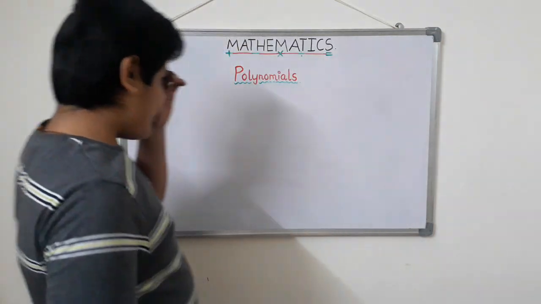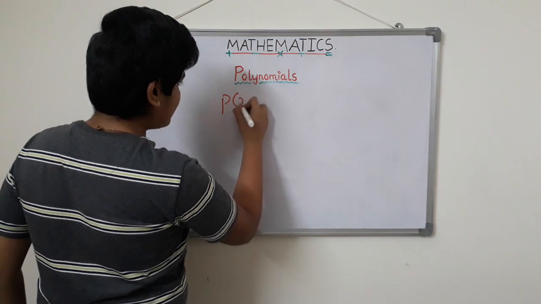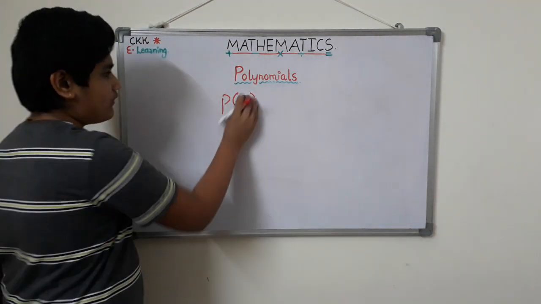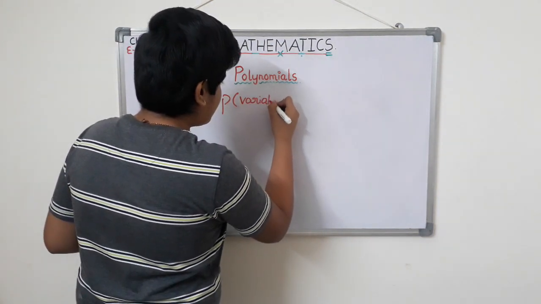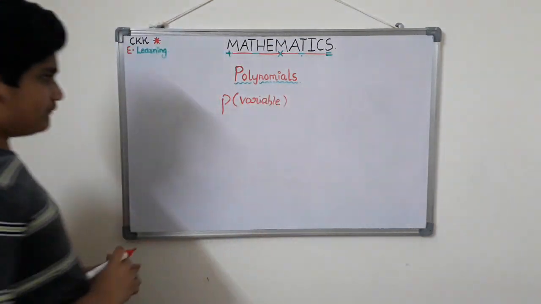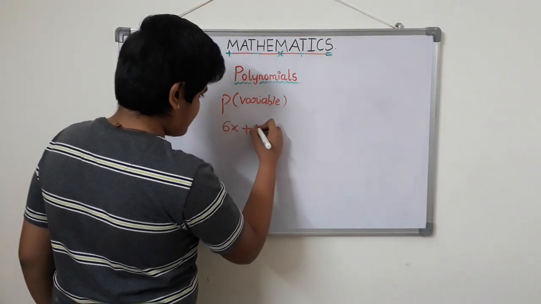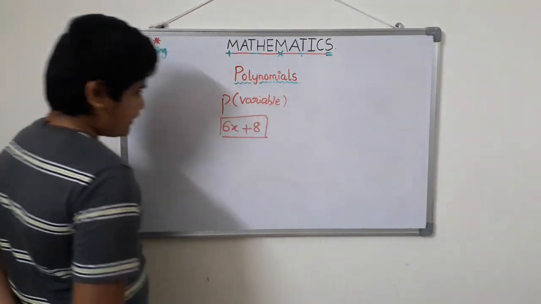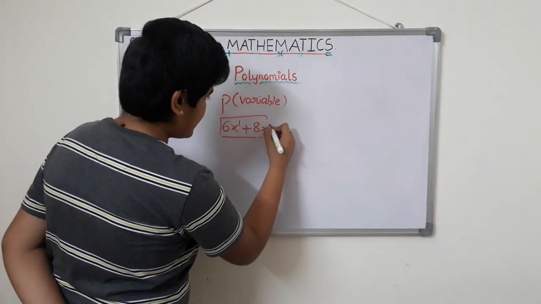And one more point. A polynomial is denoted as P of x, or not only x, you can say P of variable. Example: 6x plus 8. This is a polynomial. Here this is 6x power 1 and this is 8x power 0.